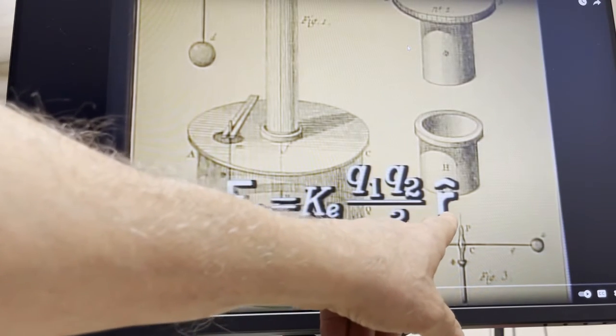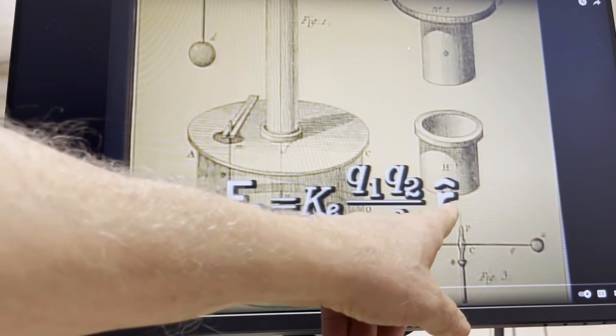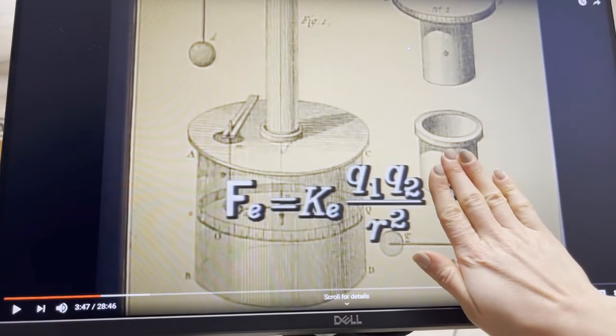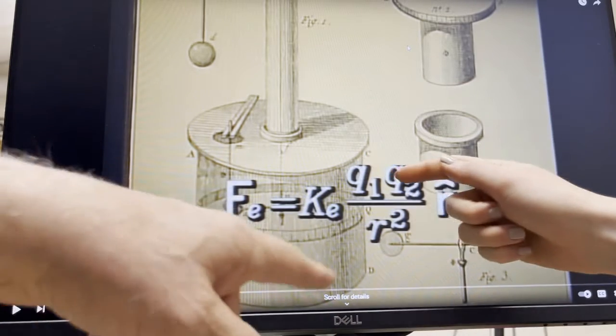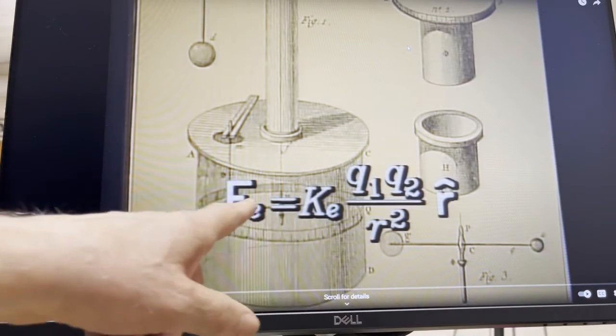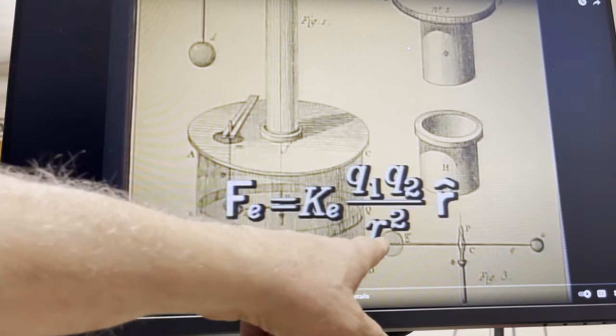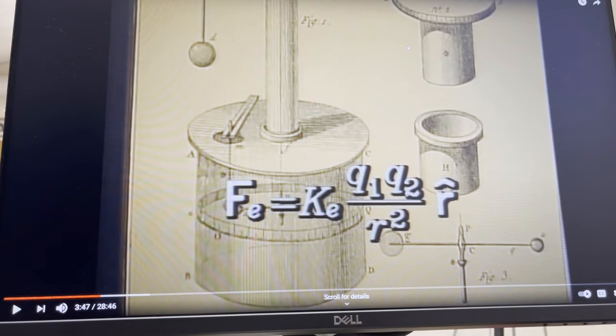Don't worry about this. It's called r hat. It's the vector direction symbol for this. Now, what is the inverse part? Is it just because this is on the bottom? It's not just that. What this means is that as the distance gets bigger, the force gets smaller. As the thing on the bottom gets bigger, the whole thing gets smaller. It's like why is 1/4 less than 1/2? Gotcha.